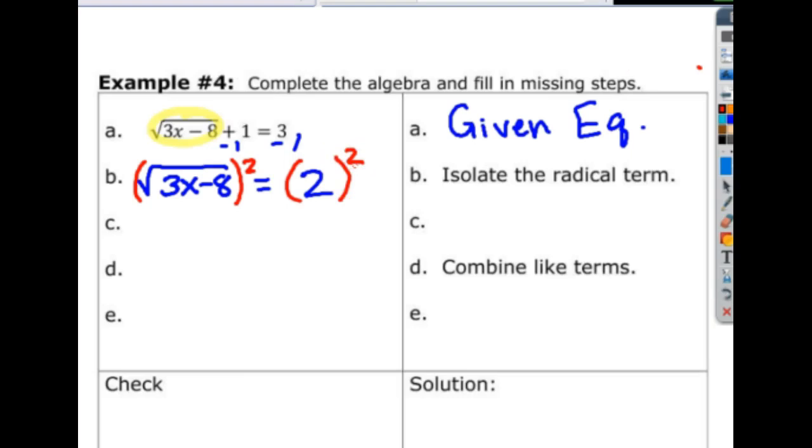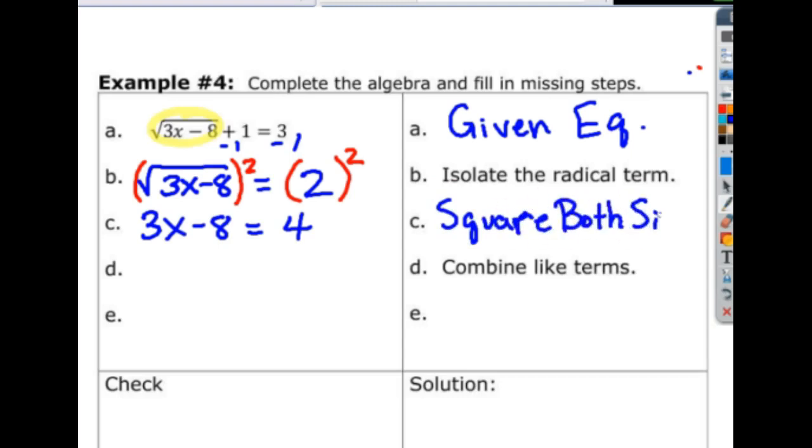The square and the square root cancel each other out. What am I going to do with the 8?